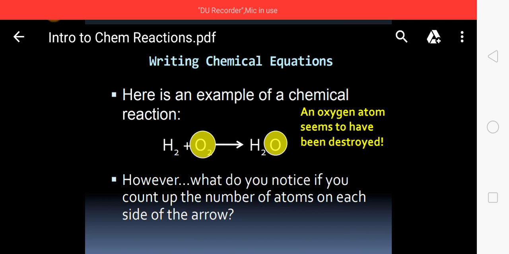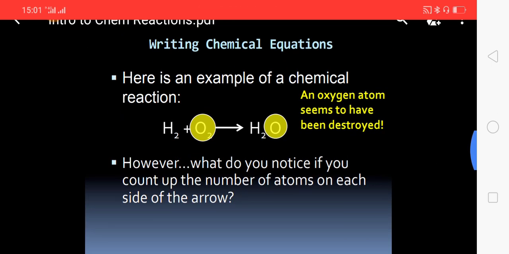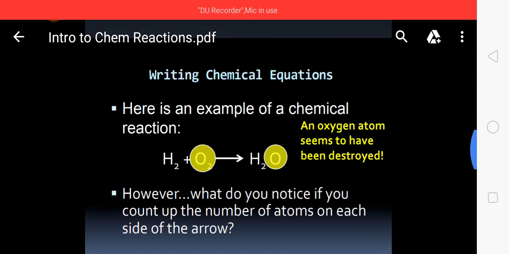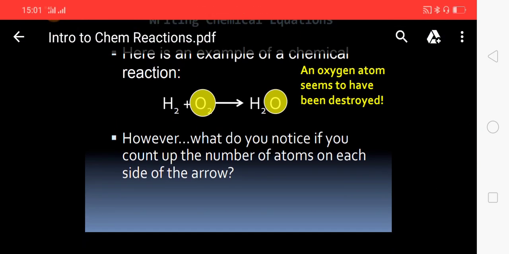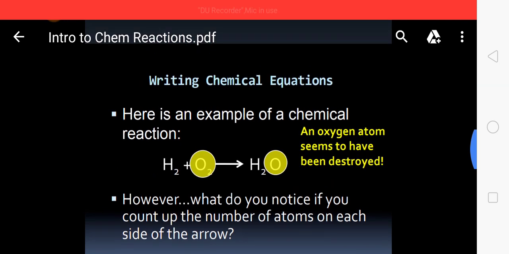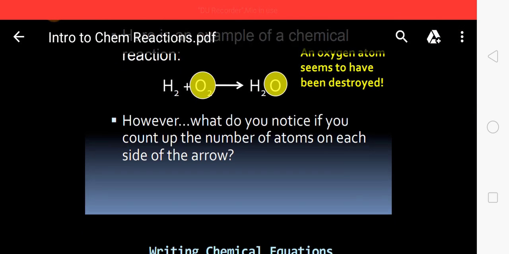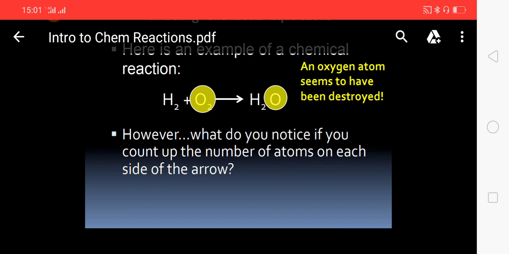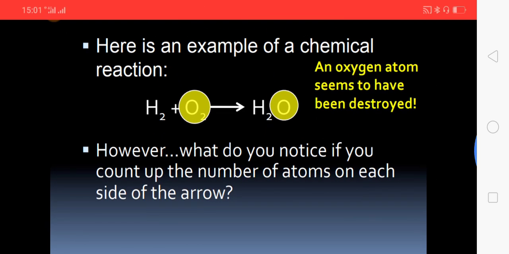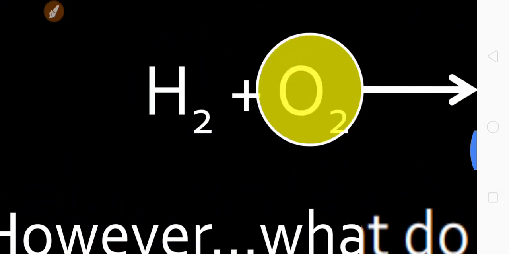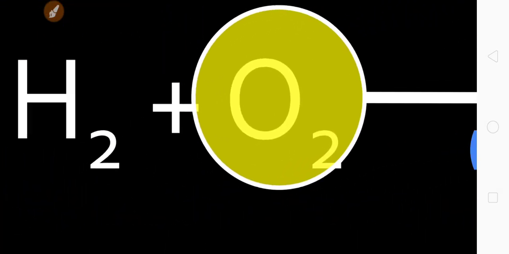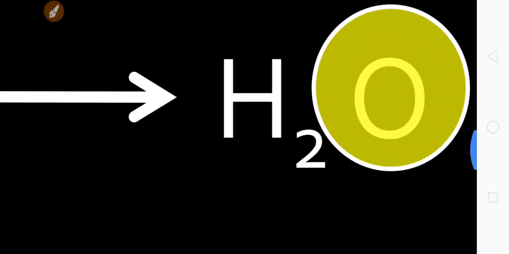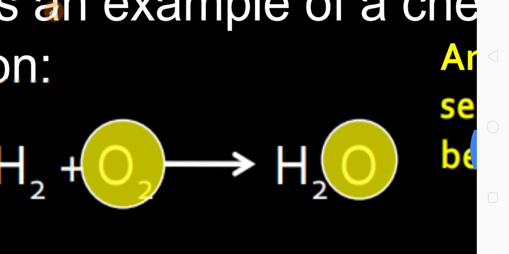But if we see properly, here there are two hydrogen atoms, and these two hydrogen atoms are mixing with two oxygen atoms, and they are giving one H2O.